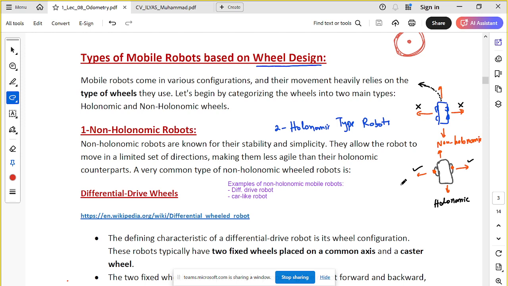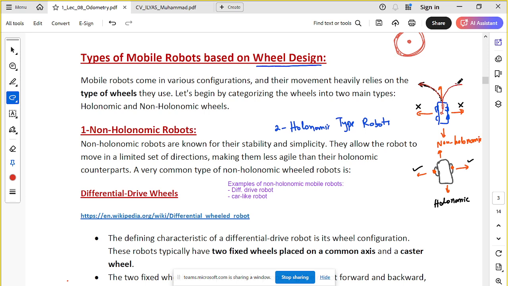First, let's see these terminologies: non-holonomic and holonomic. Non-holonomic means robots that cannot move sideways. For example, your car: you cannot move your car instantly to the left or right. To move it left or right, you have to steer it in some curve, and then you can move it towards left or right.